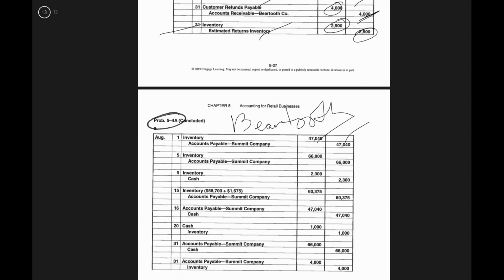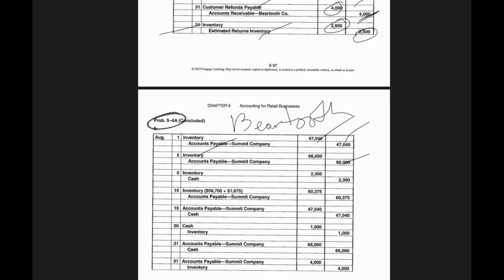Debit inventory, credit AP. On the 5th, again, Summit sold to Beartooth. Summit Company paid freight of $11.50 for delivery of merchandise sold to Beartooth. Well, we don't need to do anything for that because that was something only Summit did. On the 5th, Summit Company sold again to Beartooth, $66,000. So we just again debit inventory, credit AP.